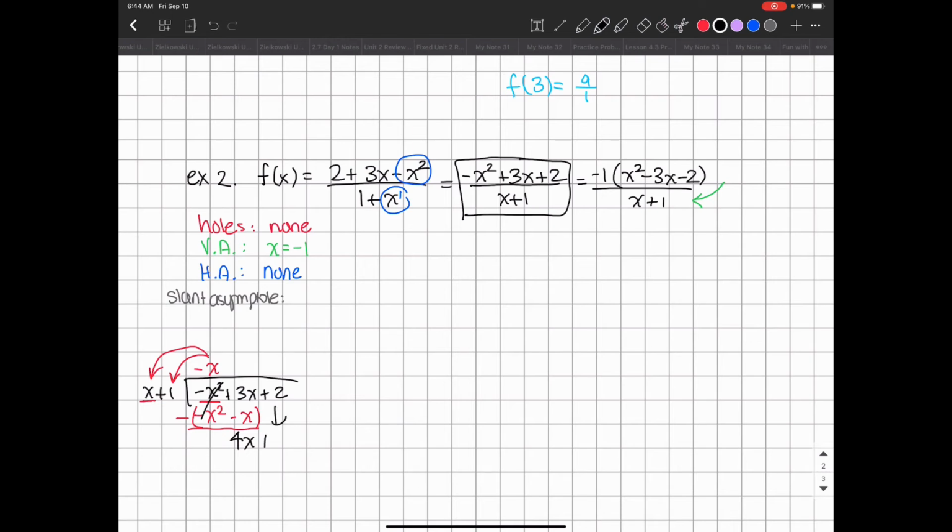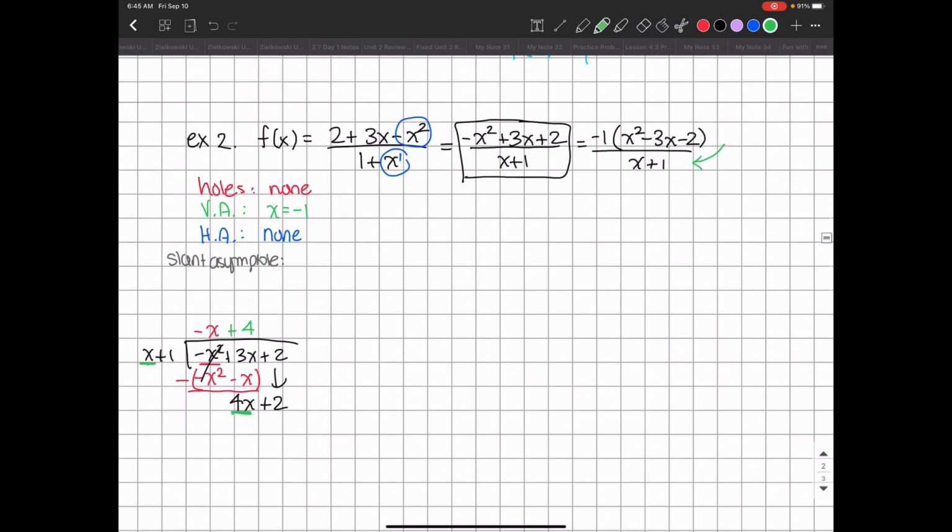I ask myself, what do I have to multiply x by to get 4x? And that is 4. So I'm adding 4 here. x times 4 gives me 4x. So I multiply 4 times x, and then I multiply 4 times 1.